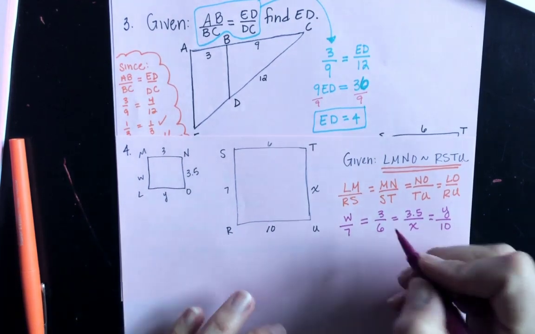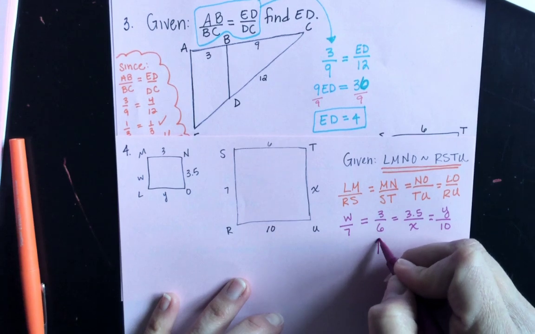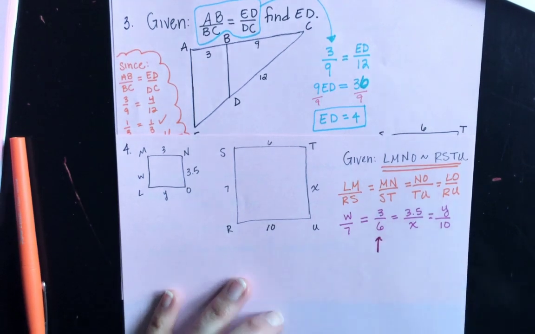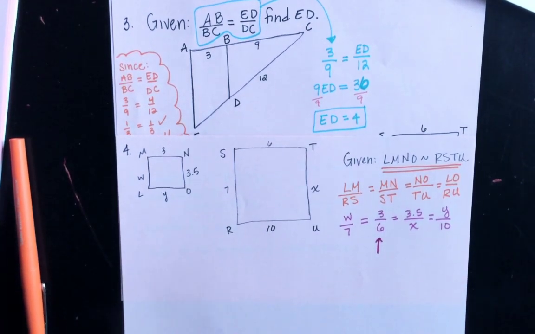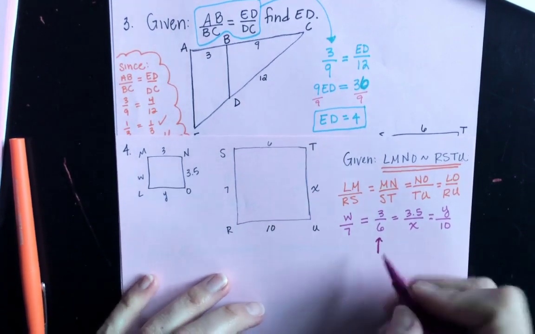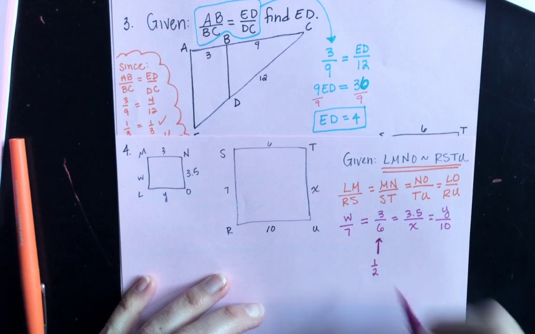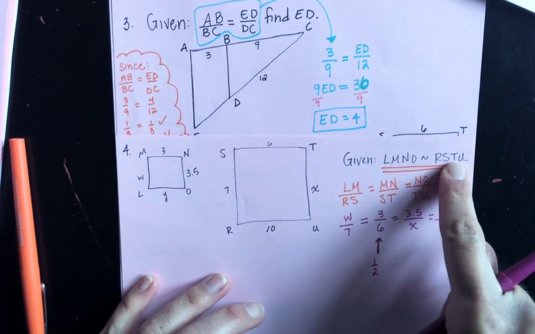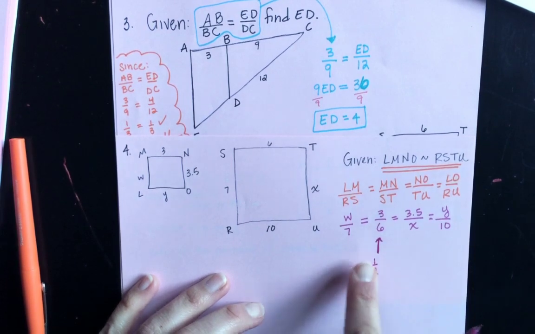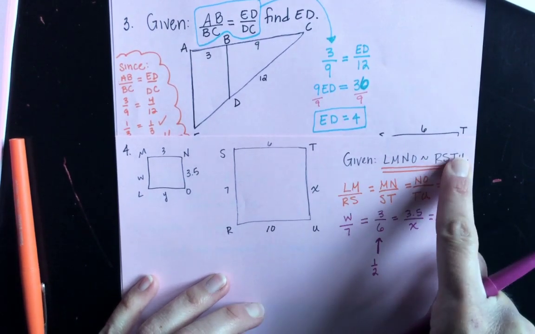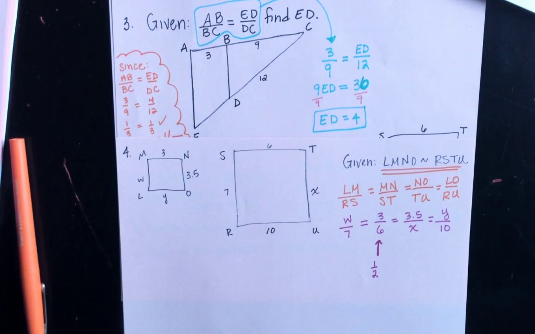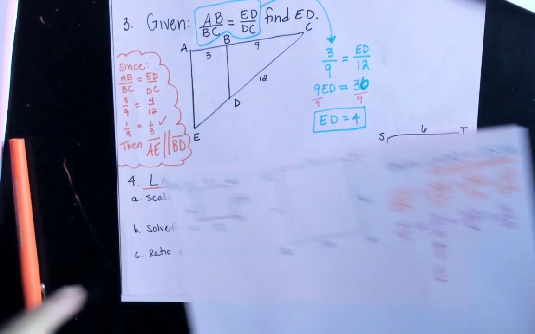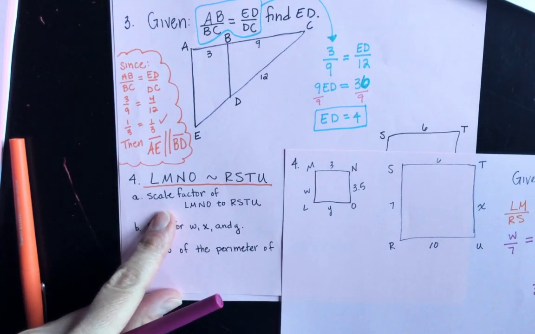I am certain that we can all recognize that right now, this is the only one that can give me an actual reduced fraction, a ratio, and that would be 1 to 2. Again, LMNO was on top, RSTU was on the bottom, so it's a 1 to 2 relationship. Now this is going to help me because the first question said, what's the scale factor?